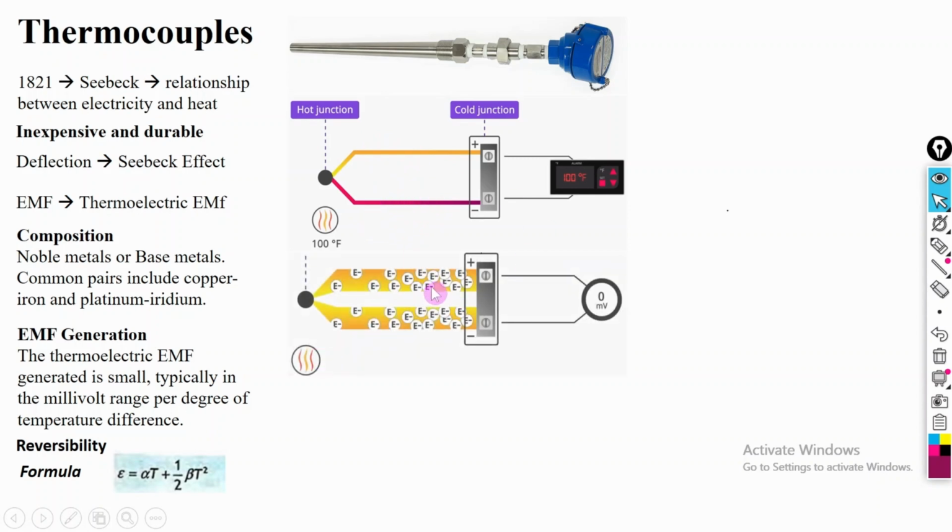If both are made up of copper atoms, let's say this is copper and this is also copper, there is a large number of copper atoms, so there will be a large number of free electrons. And if we provide heat to one side of this conductor, the electrons will start motion. So here the electrons will start motion in both copper wires.